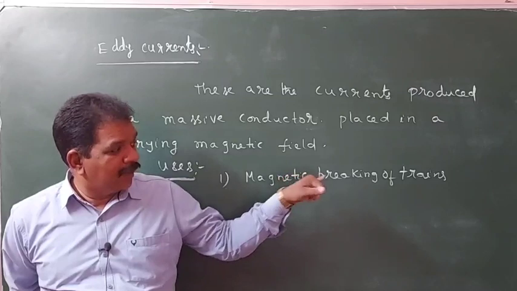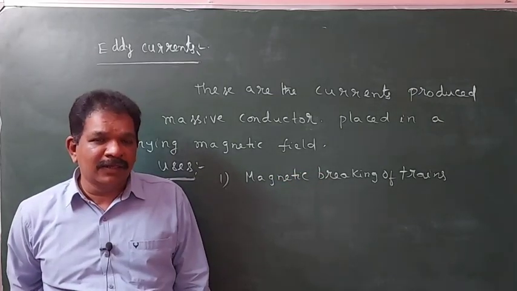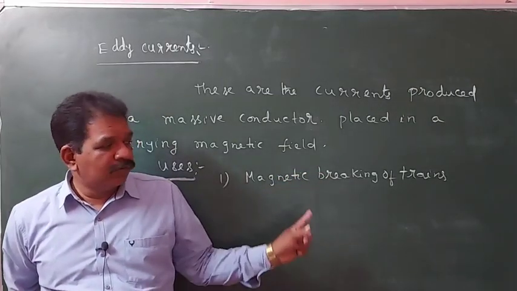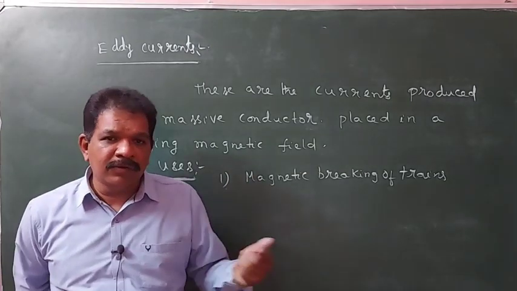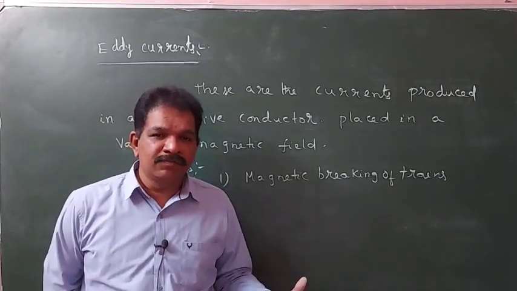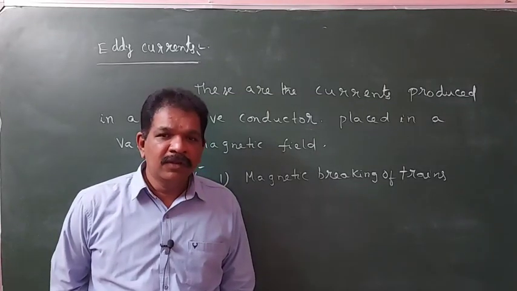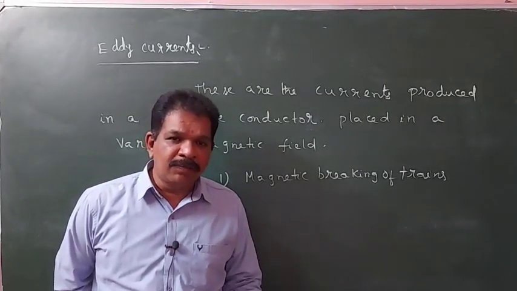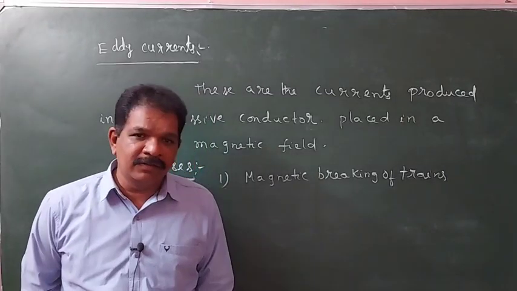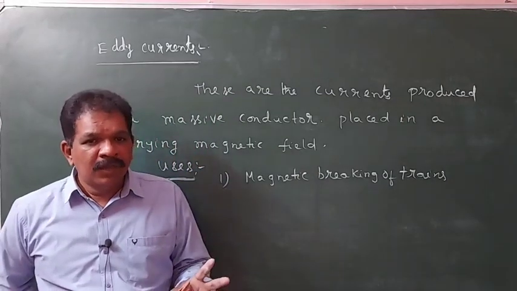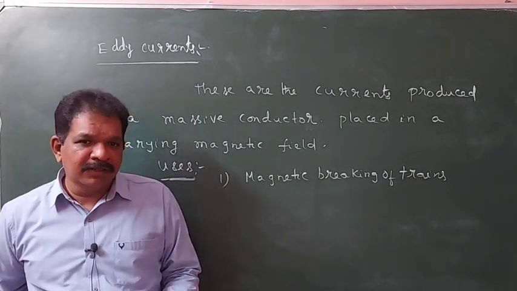If magnetic braking is there in the trains, then when the wheels are rotating, currents will be produced in them. It is one type of concept. Because of that we can stop all wheels simultaneously.